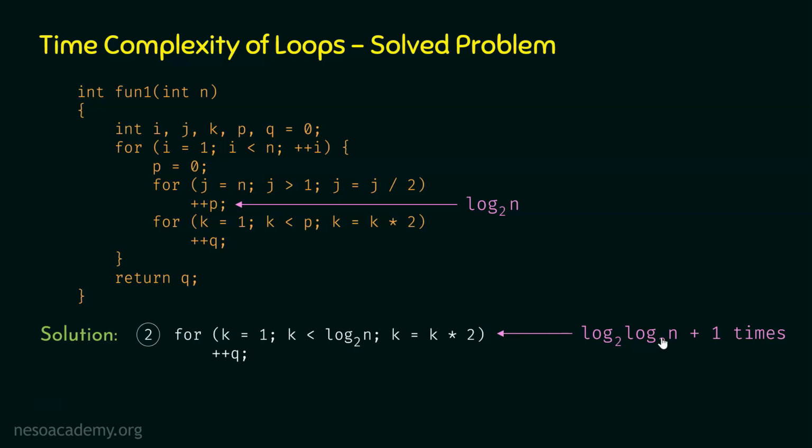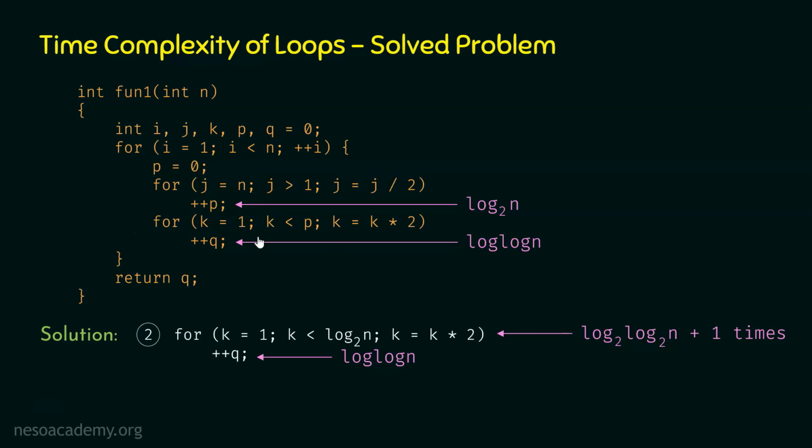But we want the approximate value of q, so we can eliminate the bases and the constant. We will get log n as the result, and this is the approximate value of q. So q is equal to log n after completion of this for loop.